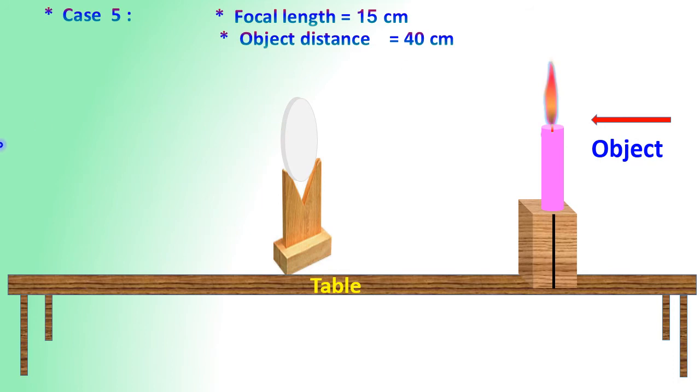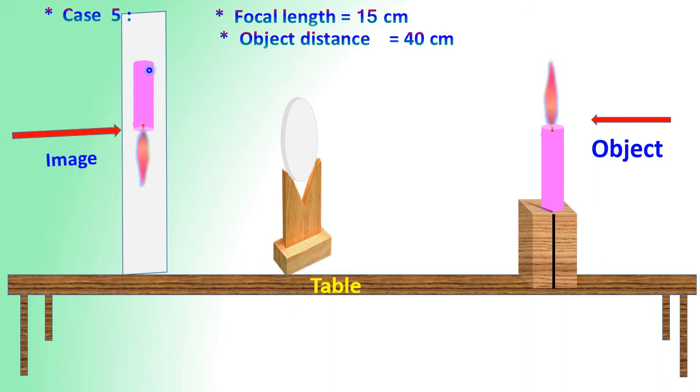Now, let us bring the screen from this side slowly towards the lens. Yes, the image has been formed here at this position. The clear image is formed here. Okay, now this is the image.